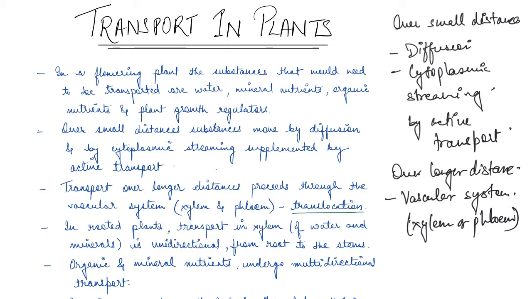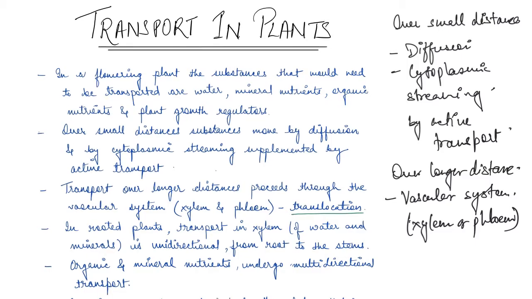And what is transported through xylem? It is either water or minerals or both, right? So water and minerals are transported through xylem. Remember that. And in rooted plants, this transport is unidirectional, right? So basically, it is from root to stems.